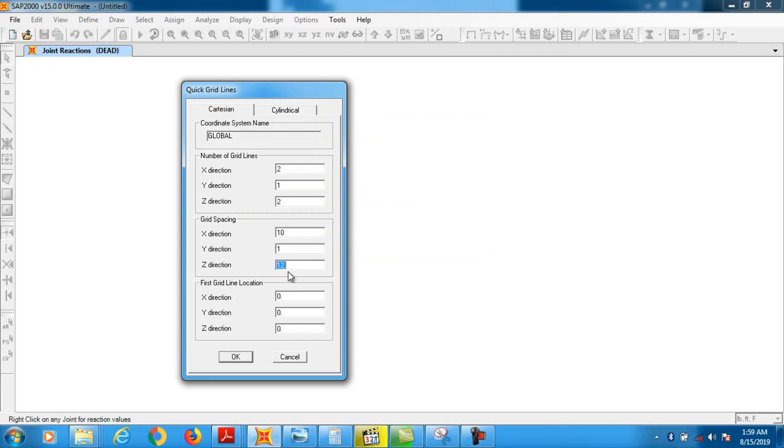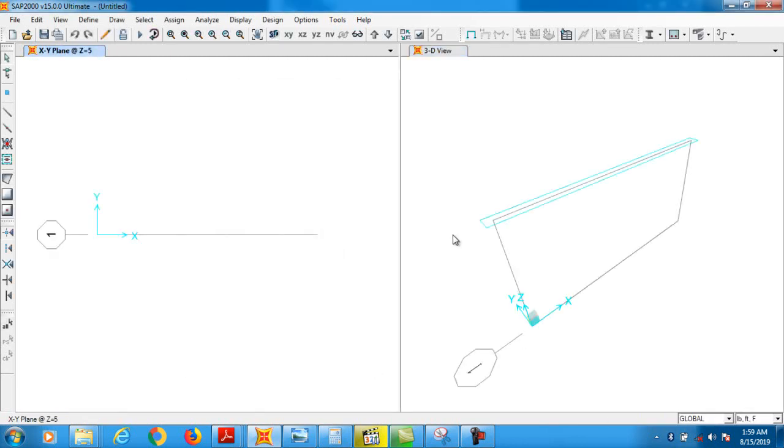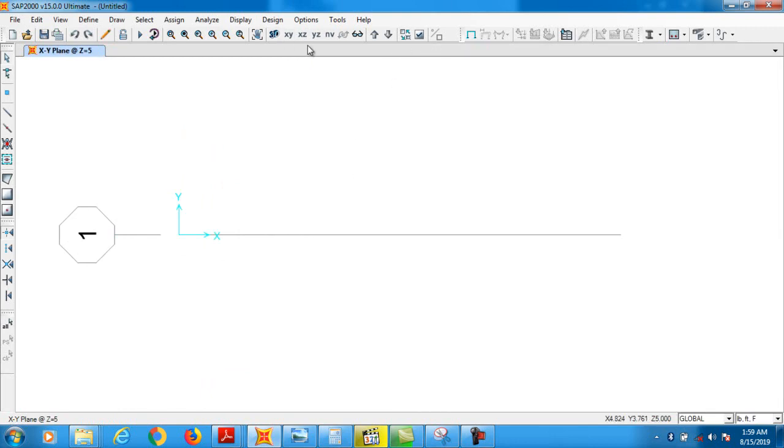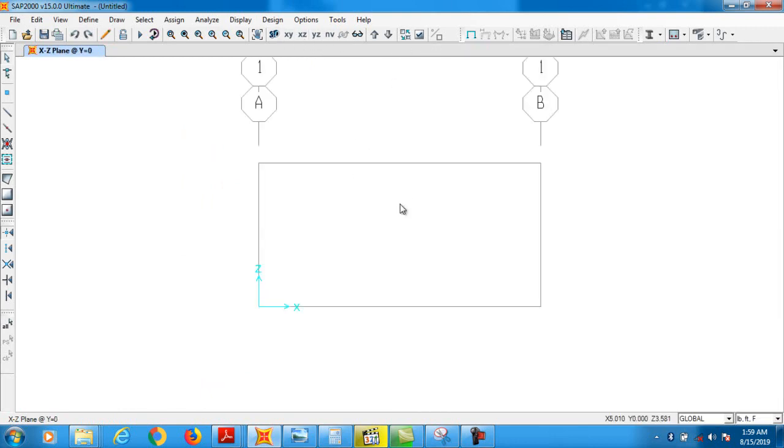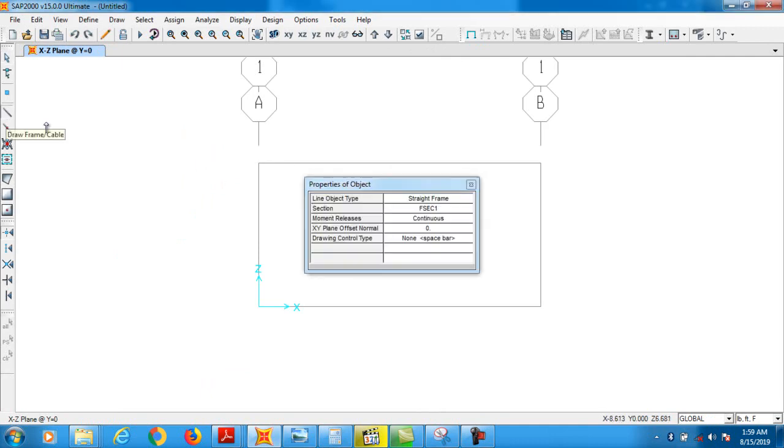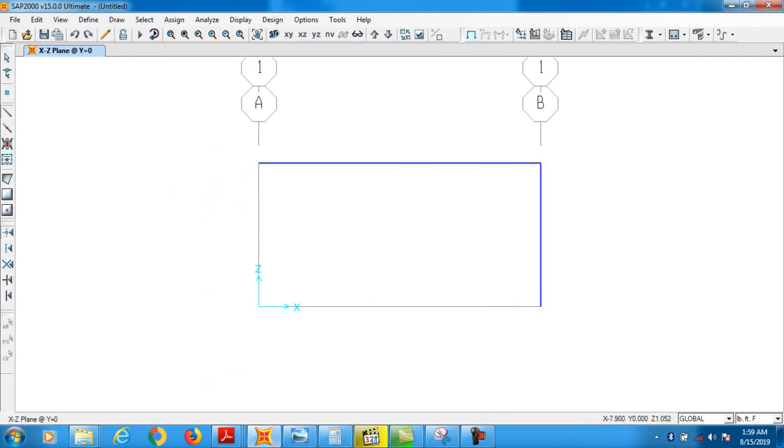And the height, Z means height, is 5 feet. Remove this one and make sure you are in the XZ plane. So how to draw? Select this option, click here, then here, and then here. This is your beam structure.